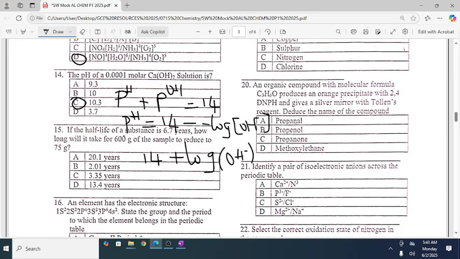Now number 15. If the half-life of a substance is 6.7 years, how long will it take for 600 grams of the sample to reduce to 75 grams?